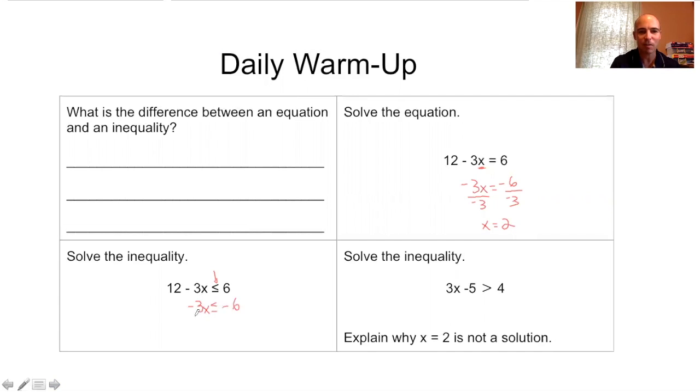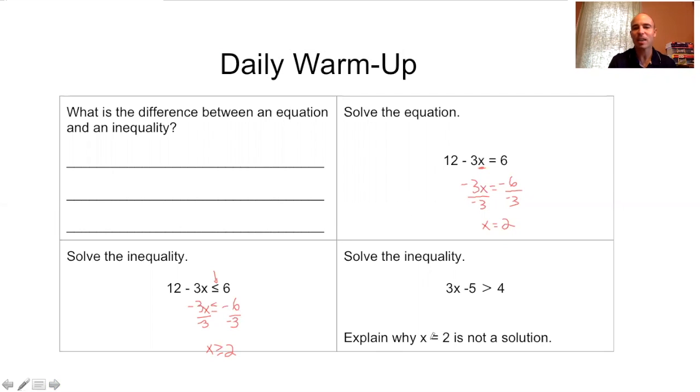When we divide by negative 3, or divide by any negative, you got to switch that sign. That's the one way you might get hung up on that problem. Remember, if you multiply or divide by a negative, you got to switch the sign.